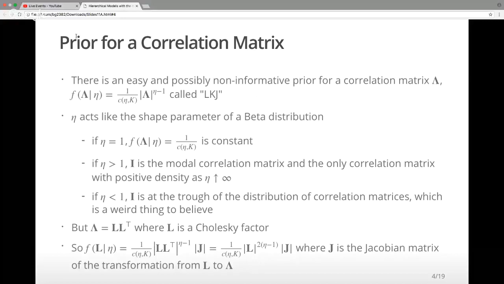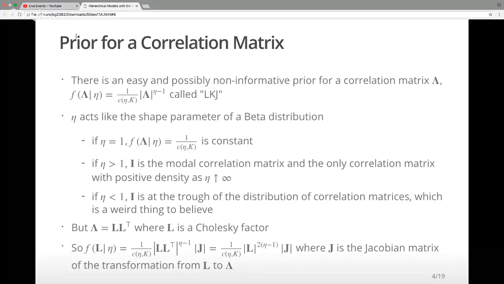But insofar as you were inclined to specify a somewhat more informative prior about the correlation matrix, and often it is entirely reasonable to think that the correlations among these things are not too big, then insofar as you want to operationalize too big, you can make eta be greater than 1.